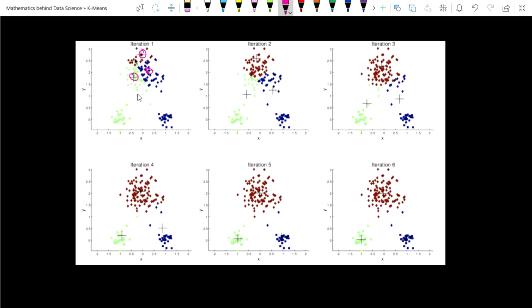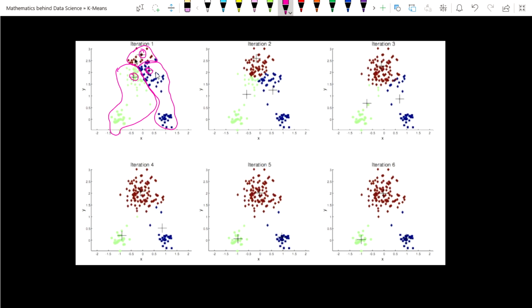Using Lloyd's algorithm, at the end of iteration 1, we will find these clusters, another cluster, and this kind of three clusters, because based on these three centroids we gather the points and make the clusters.